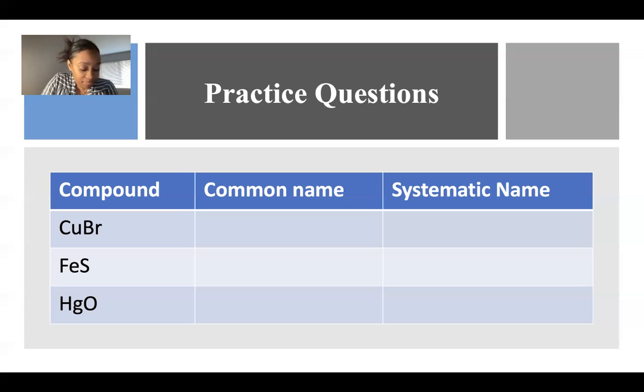Copper, the common name. Copper 1 bromide. Okay. And for the second one, it's just iron sulfide. Right, or ferrous sulfide. Yeah.